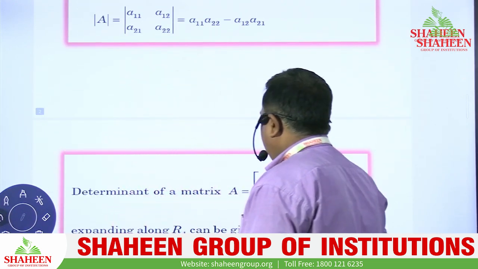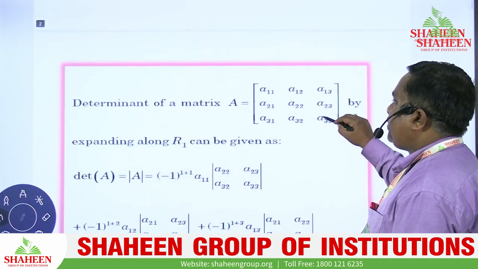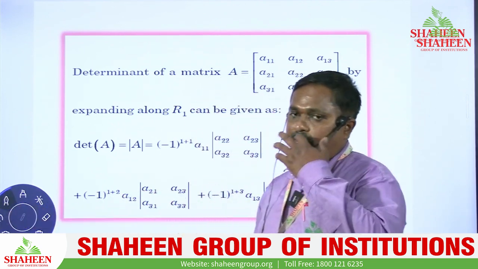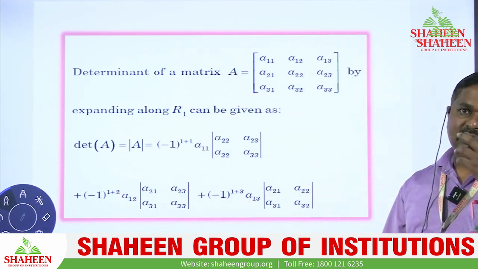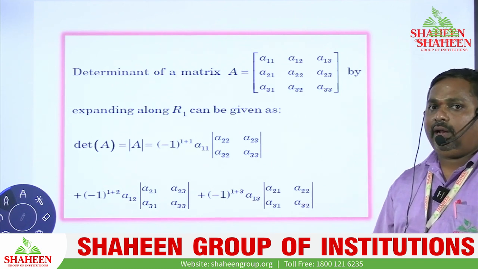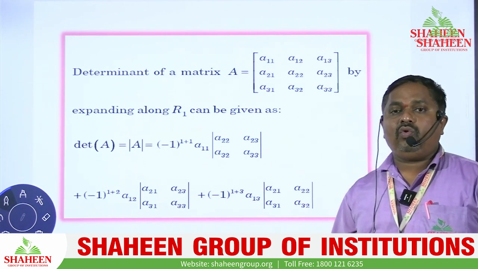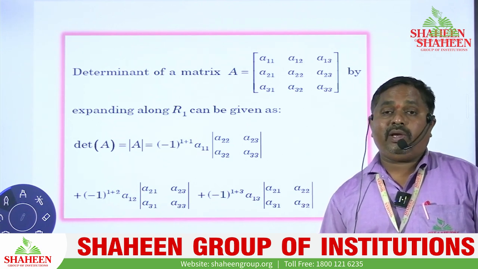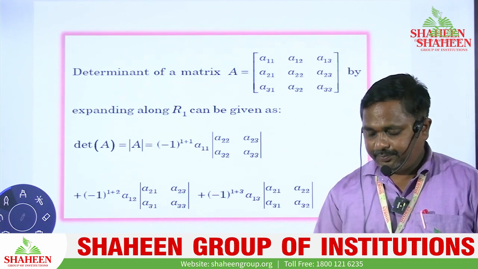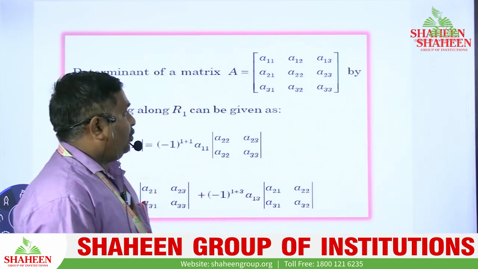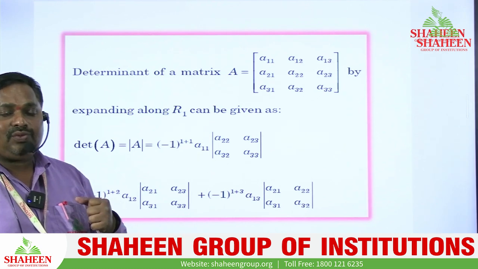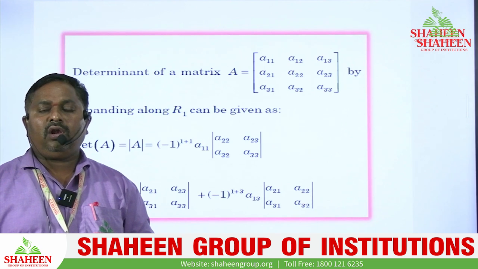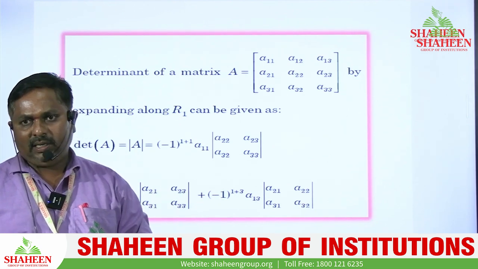For example, we have a matrix A of 3 into 3 order, and we are understanding how to find the determinant of a square matrix of order 3. To find the determinant of this matrix, we are considering any one of the rows or any one of the columns of this matrix.